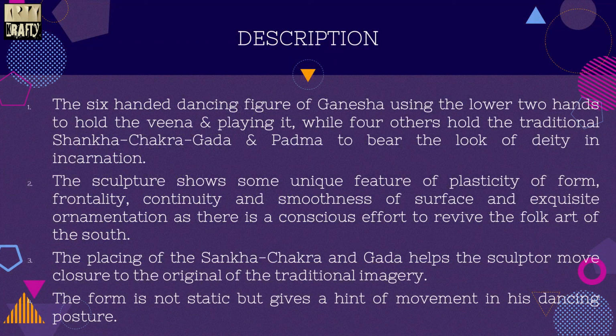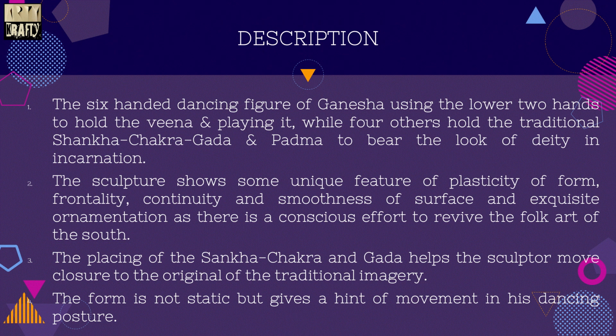Description: the six-handed dancing figure of Ganesha uses the lower two hands to hold the veena and play it, while four others hold the traditional Sankha, Chakra, Gada and Padma to bear the look of deity incarnation.